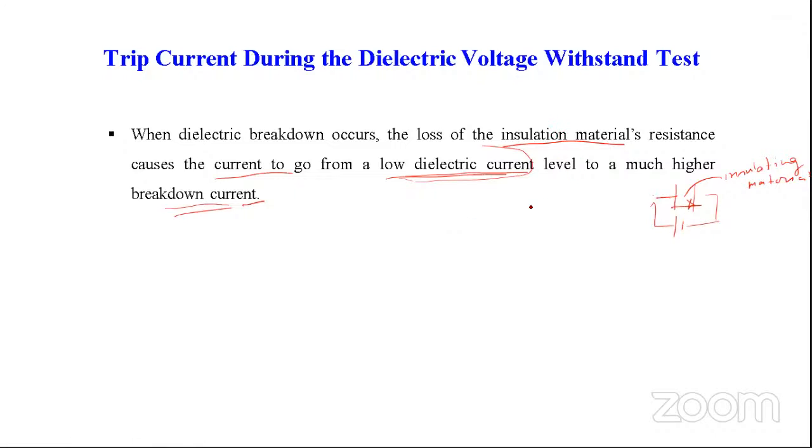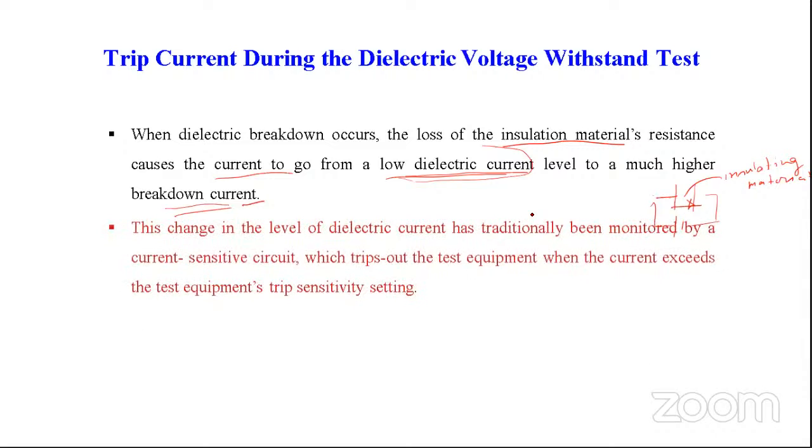But if you gradually increase the voltage, then at a certain voltage the resistance offered by the insulation gradually decreases, meaning more current flows through the insulating material, and at a certain voltage there is a collapse, in that the resistance offered by the insulating material is very low. You can consider it as an equivalent conductor at a certain voltage level.